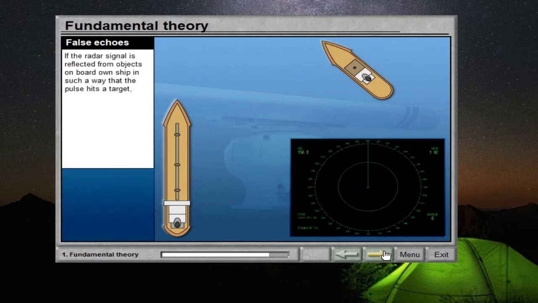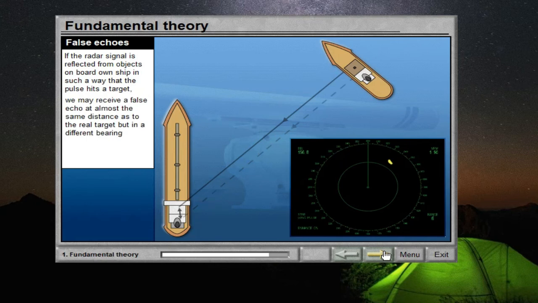If the radar signal is reflected from objects on board own ship in such a way that the pulse hits a target, we may receive a false echo at almost the same distance as the real target, but in a different bearing.